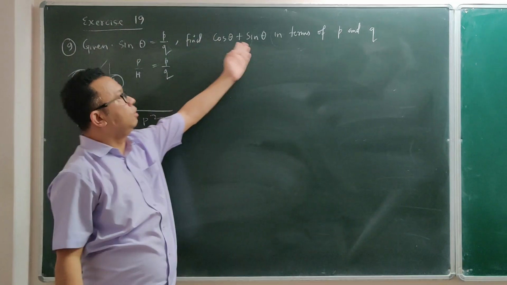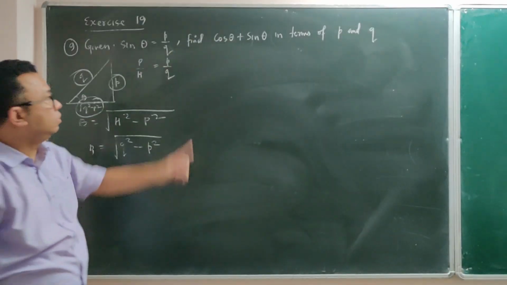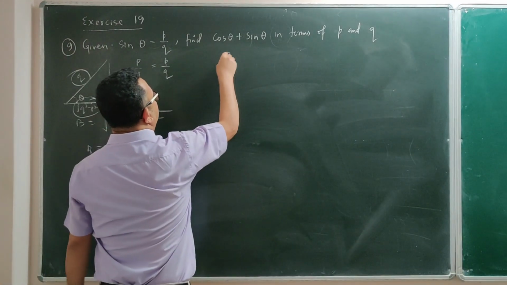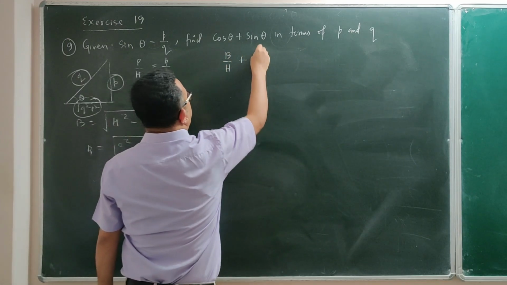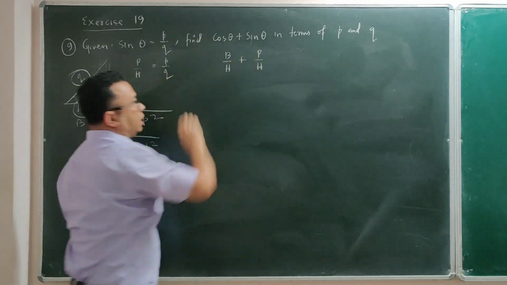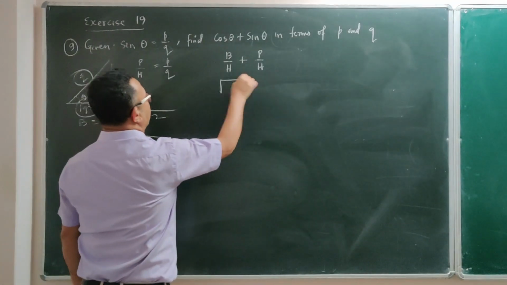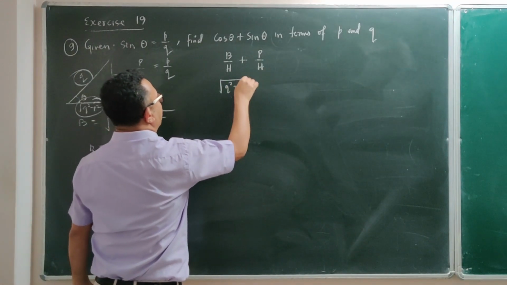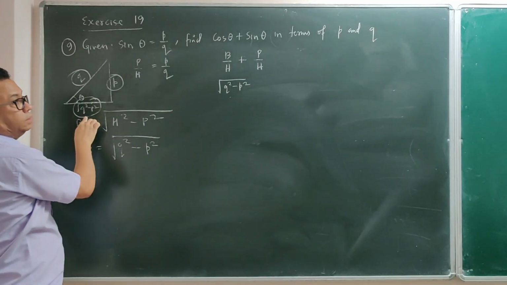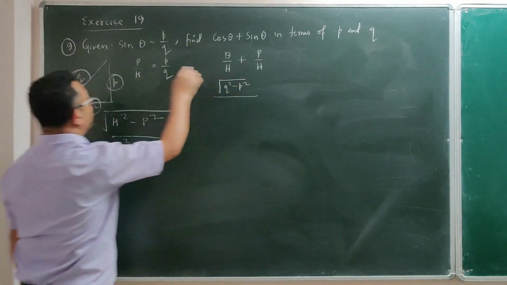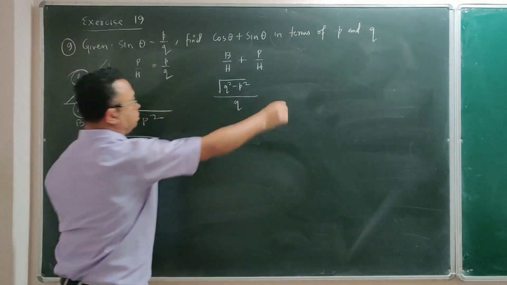And the question is telling me, find cos theta plus sin theta. So let me write the formula. Cos is base by hypotenuse, sin is perpendicular by hypotenuse. Base is the square root of q squared minus p squared, over hypotenuse q.